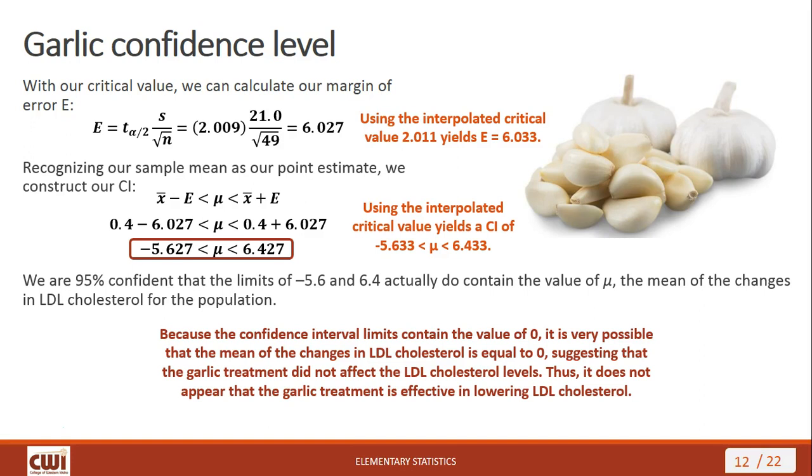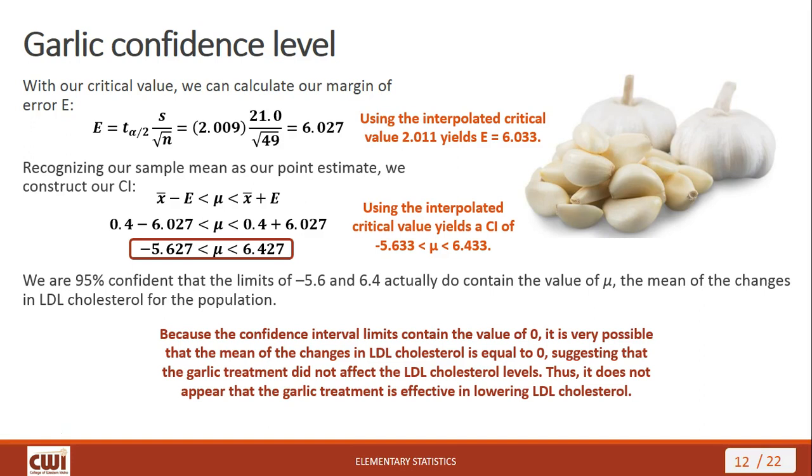Because the confidence interval contains the value of 0, it is very possible that the mean of the changes in LDL cholesterol is equal to 0. That would suggest that the garlic treatment does not affect LDL cholesterol levels. And thus, it does not appear that the garlic treatment is effective in lowering LDL cholesterol.